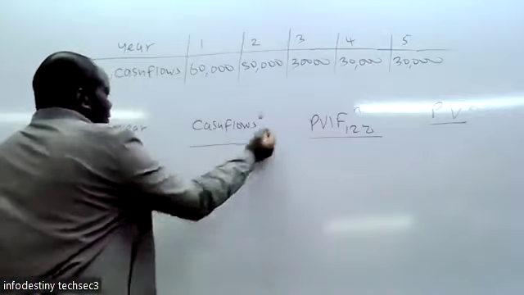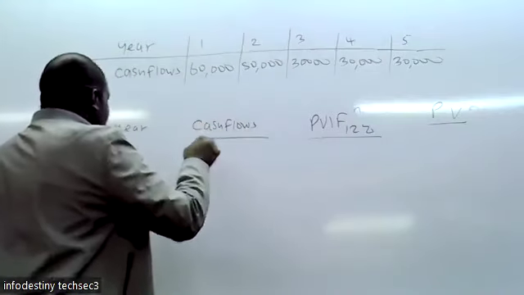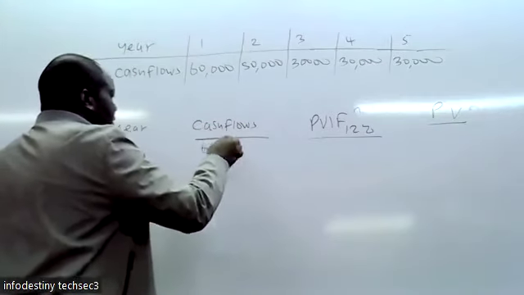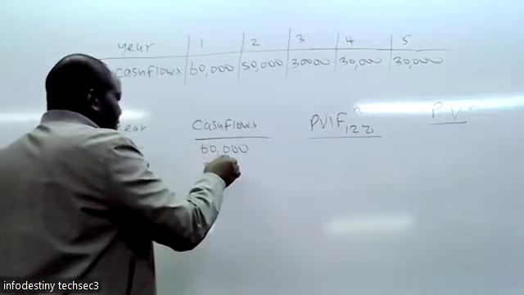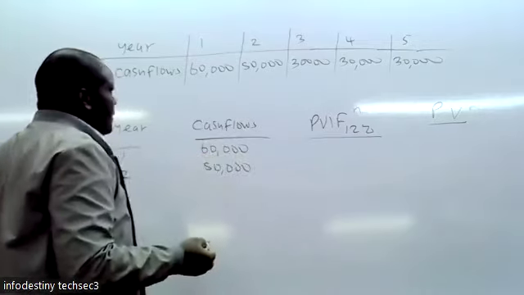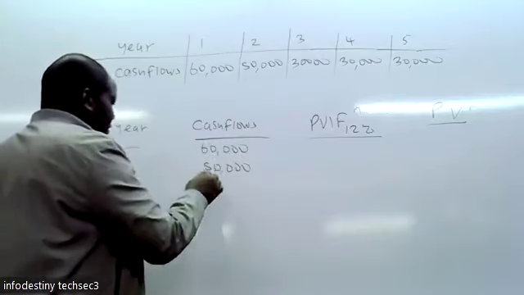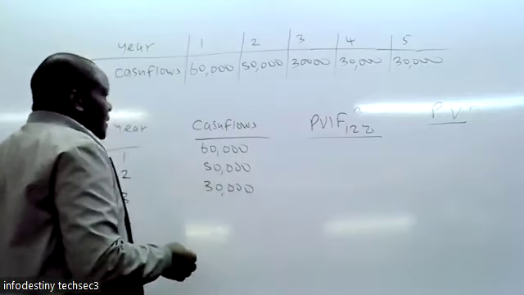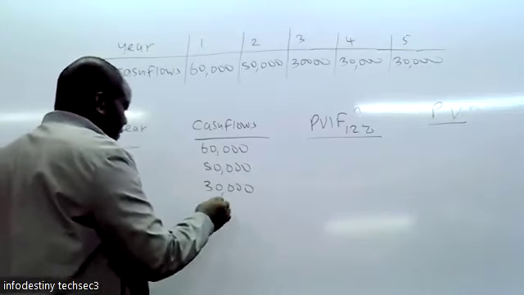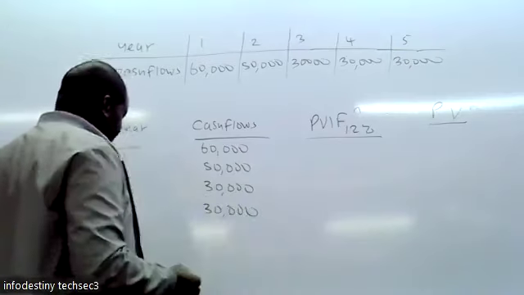Year 1 is 60,000. Year 2 is 50,000. Year 3 is 30,000. Year 4 is 30,000.